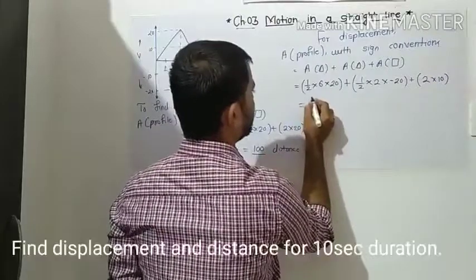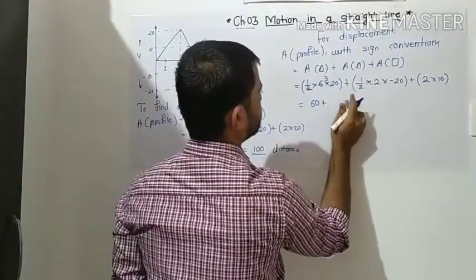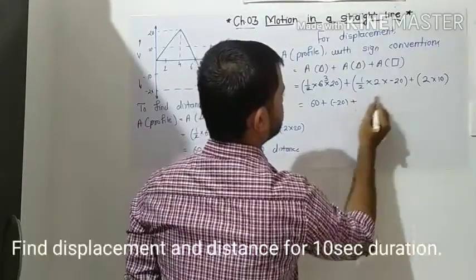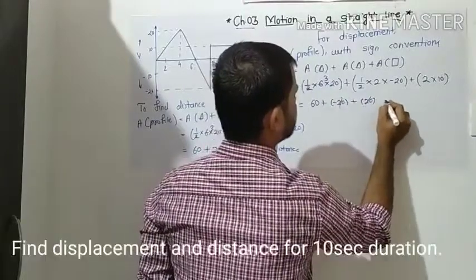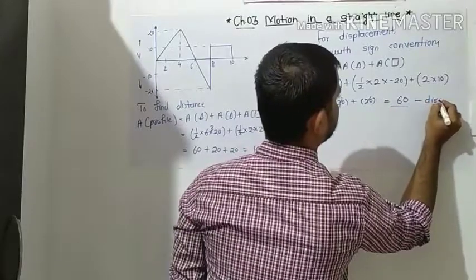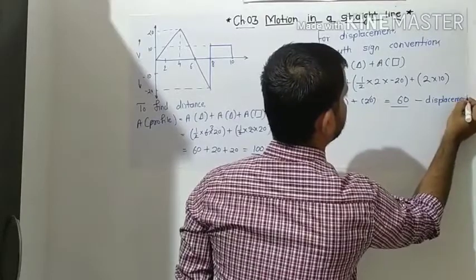We will get 60 here, plus minus 20 plus 20. This minus 20 plus 20 will get cancelled, and this is the answer. This is the displacement.